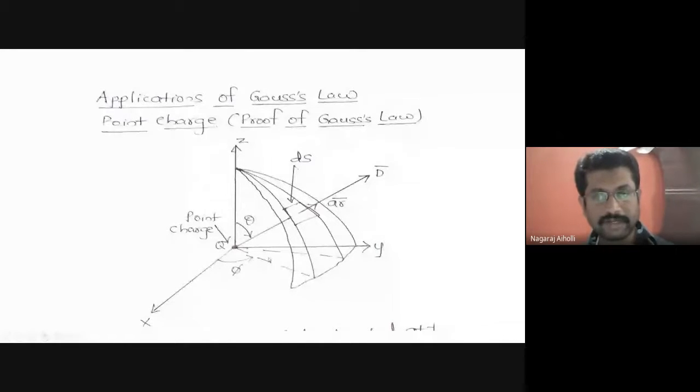What is the range of the half angle theta, students? Half angle theta varies from what to what? Try to recollect what we discussed in the spherical coordinate system. Half angle theta varies from what angle to what angle?